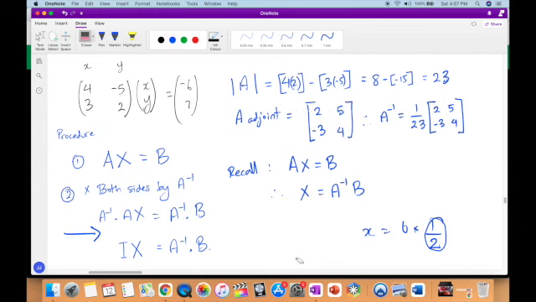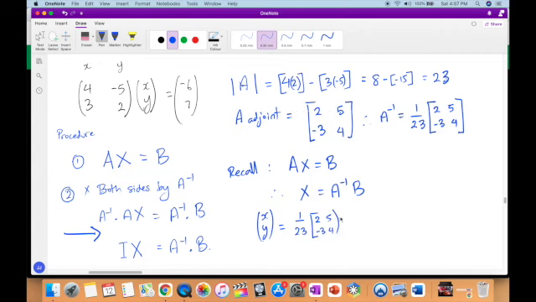So you could think about it like throwing over the A. So now x y is equal to the inverse, 1 over 23 times the matrix 2, 5, negative 3, 4, multiplied by the matrix B, which is simply negative 6 and 7.